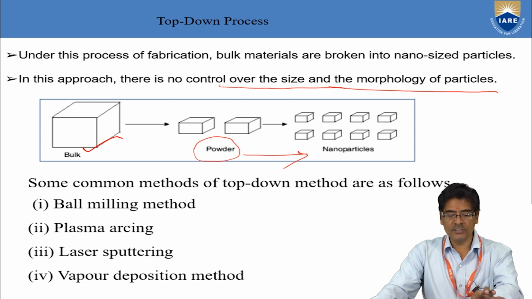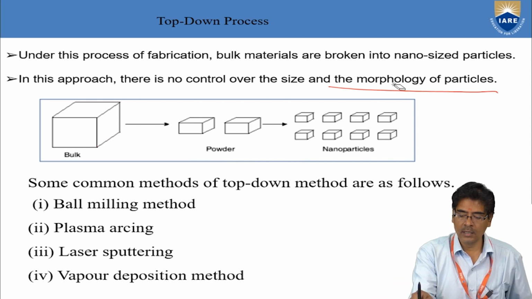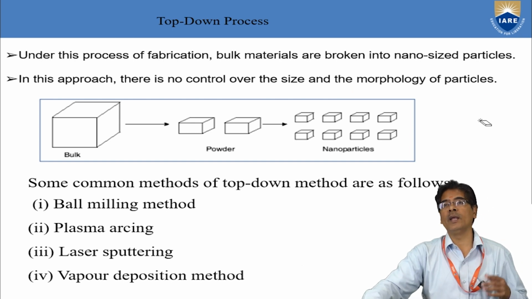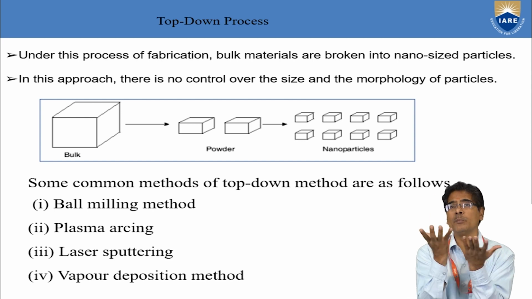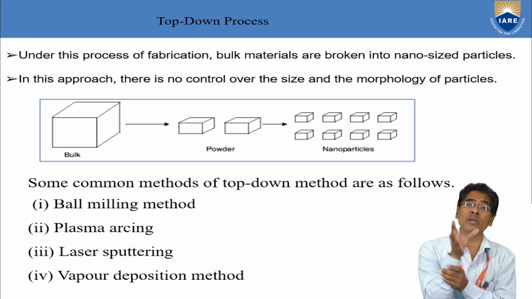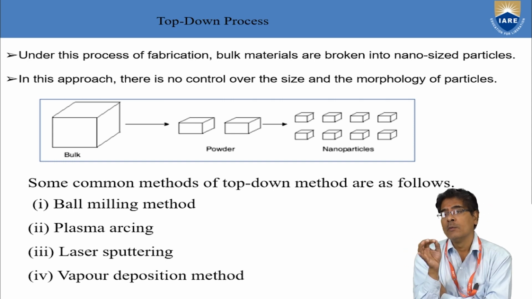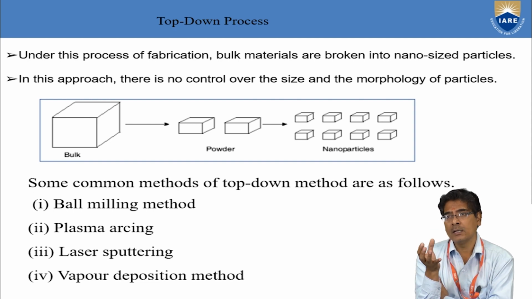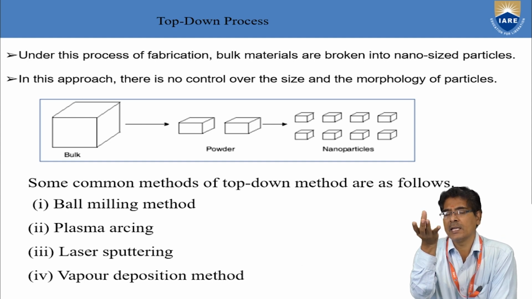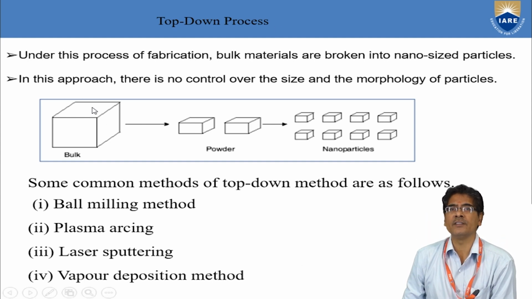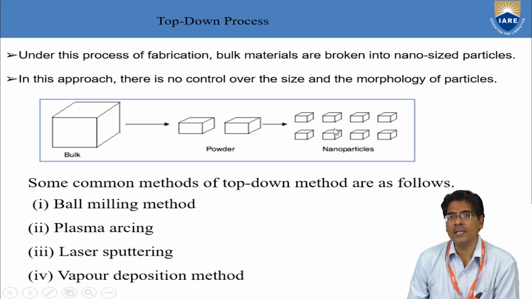If we apply a ball milling method on a bulk material, it will turn into a powder, and when this powder is further given under ball milling and reduced to the nano range, we get nanoparticles of different sizes. So this is the bulk material, this is the powder material, and this is the nanoparticles in the nano range.